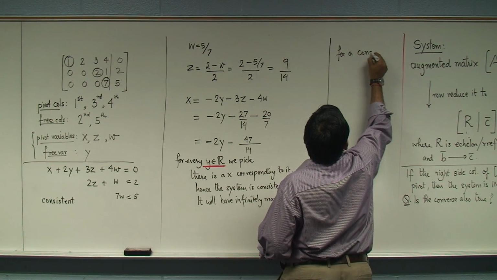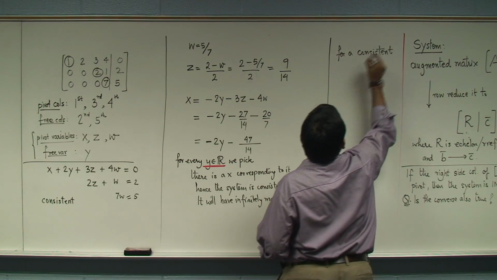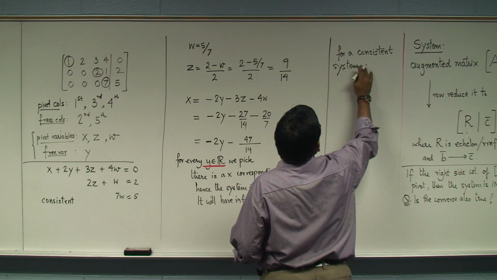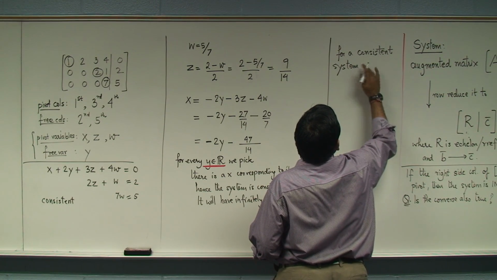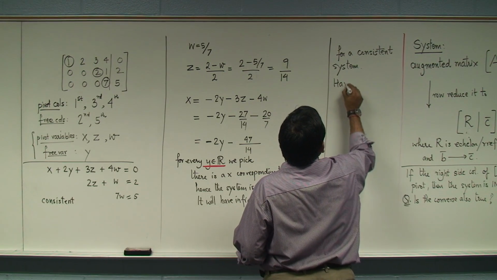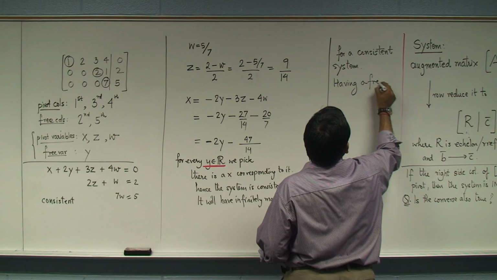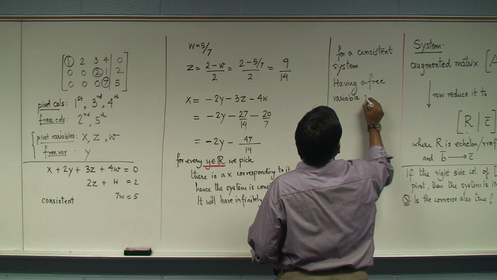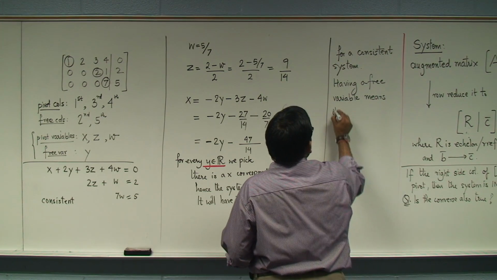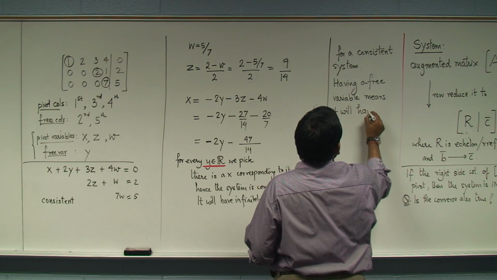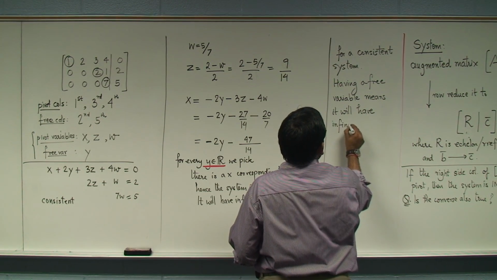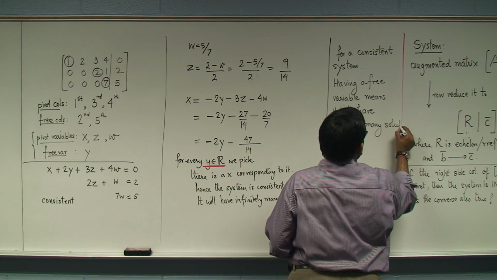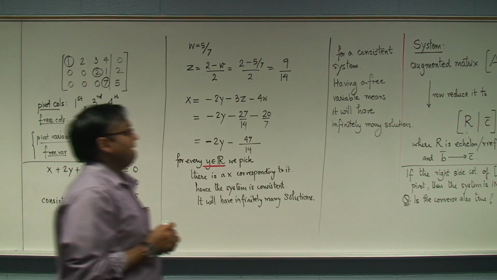For a consistent system, having a free variable means it will have infinitely many solutions.